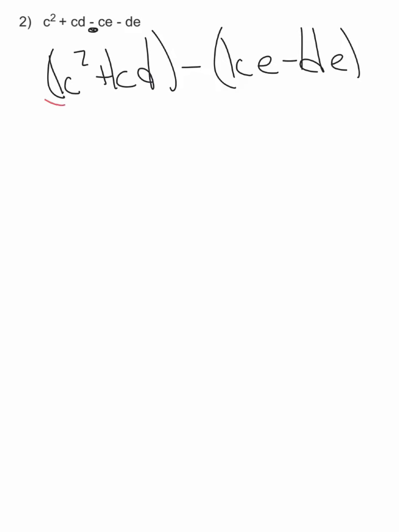So let's start with the first two. We'll do the greatest common factor for the first two, and then a set of parentheses, two terms, two blanks. So greatest common factor for 1c squared and 1cd. So we'll start with 1 and 1, so that's just going to give us 1. They both have the variable c, so we'll put a c, and the smallest c would just be c to the first, so we'll just leave that c, and then that would be it for the greatest common factor.